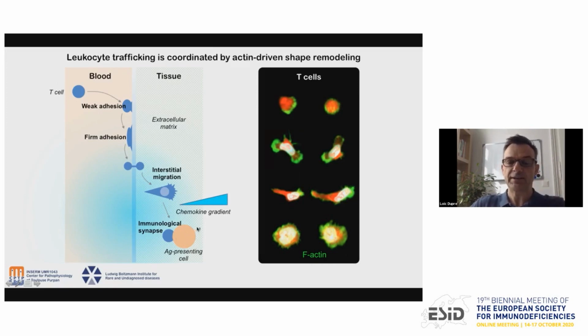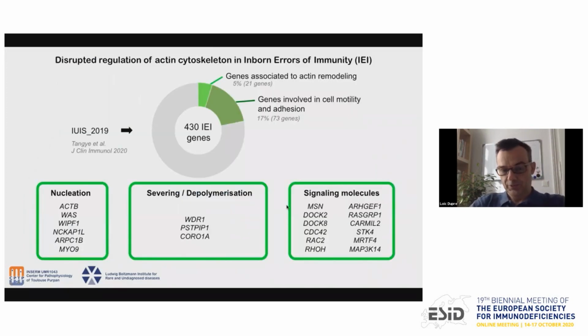All those steps are tightly regulated by actin cytoskeleton remodeling. It is therefore not surprising that a number of the genes associated with inborn errors of immunity are actually regulating actin cytoskeleton remodeling.